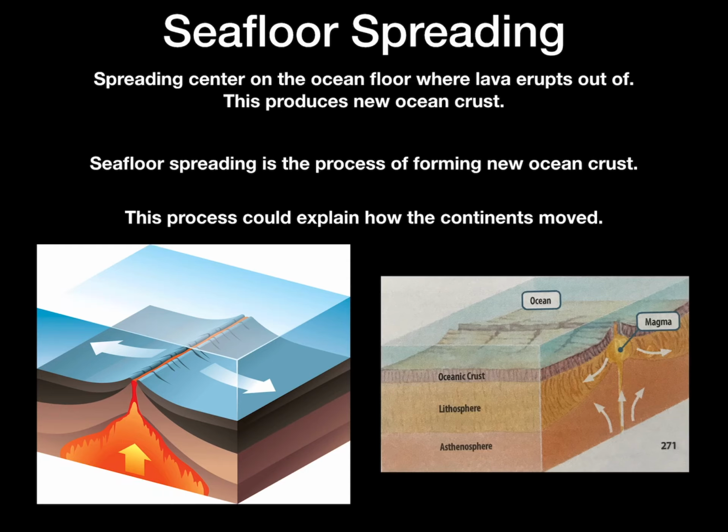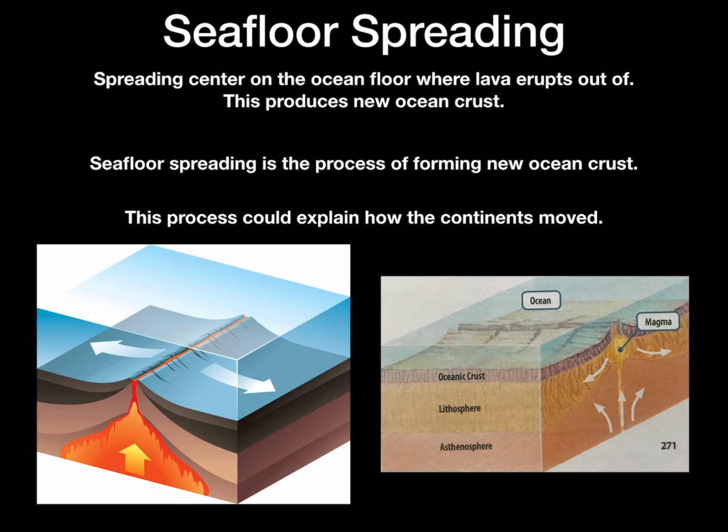And once it comes out and it's in the ocean, it obviously cools rapidly and turns into rock. And then that pushes the seafloor that it is on top of out of the way, thus making the ocean floor spread and become bigger.